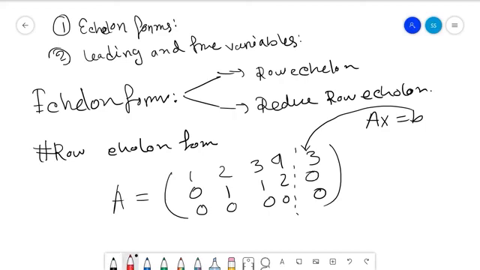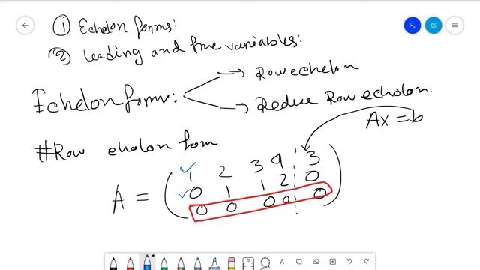Now notice that this matrix has non-zero rows appearing above the zero rows. What I mean by that is that this is a zero row, a row consisting only of zeros, and these two rows, one over here and another one over here, have non-zero elements.